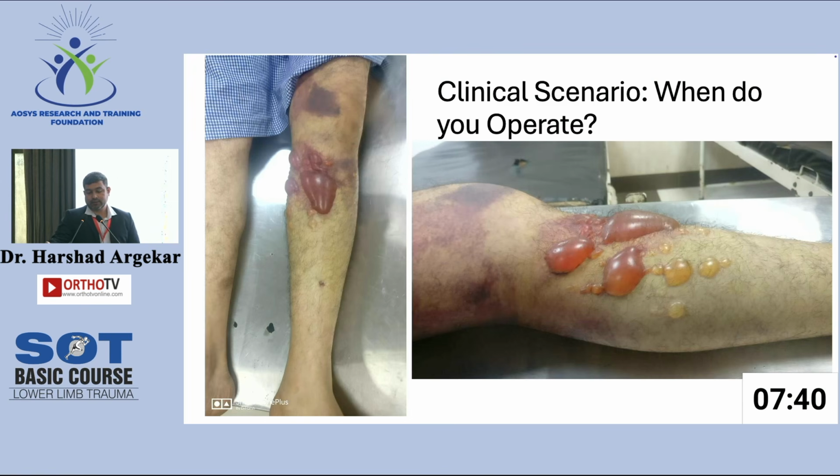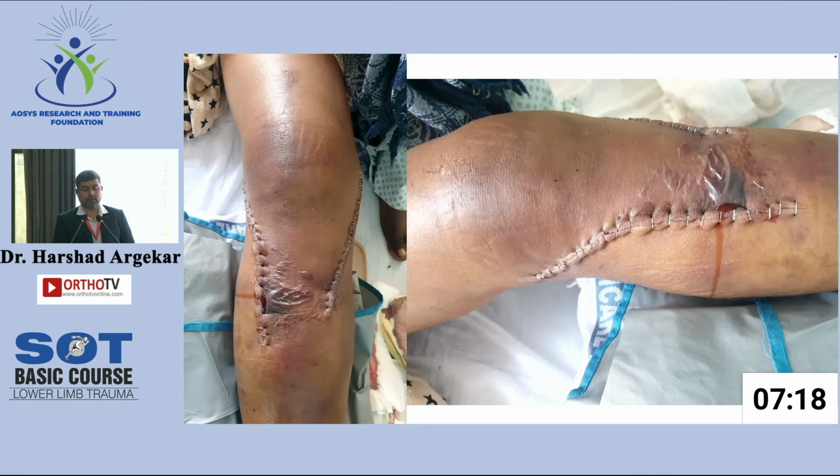One is a little reddish, one is little non-bloody. But still here, if you go and intervene, then you will end up with skin complications. If you don't, then probably you are giving a breathing space for the tissues, and then you are managing. So if you go and operate on this, what happens?